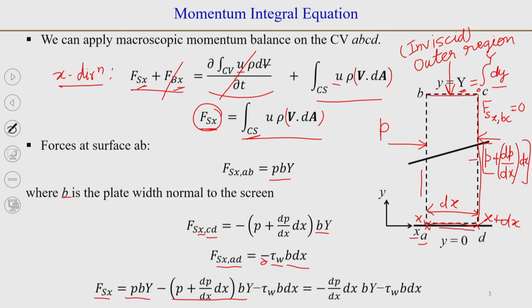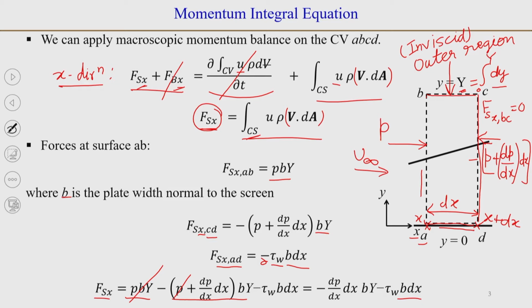Remember this minus sign is because the shear stress on the fluid will be acting in the opposite direction of the flow. The flow happens along the positive x direction. So, P b y will cancel out because one is positive and another one is negative, and we will end up with two terms: minus dP by dx into dx b y minus tau w b dx.